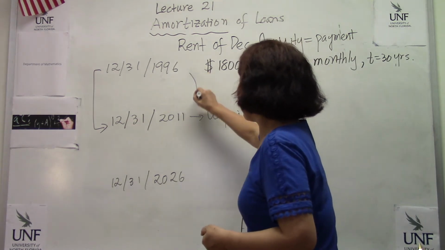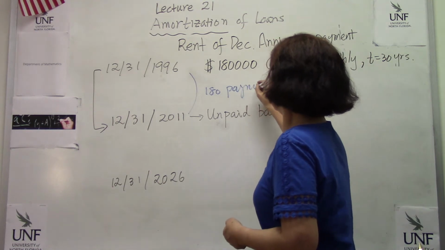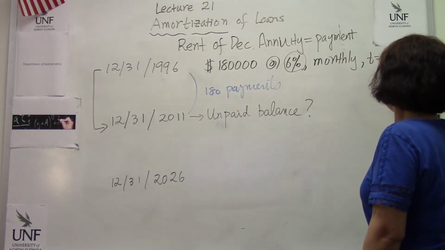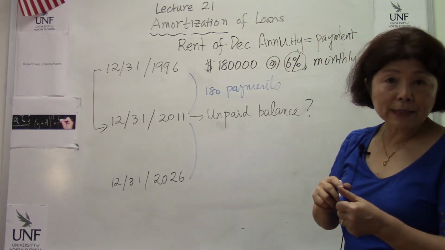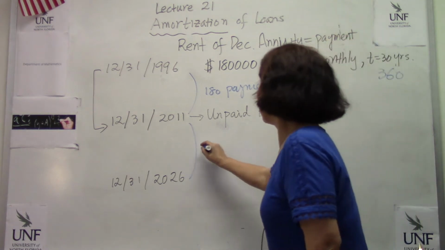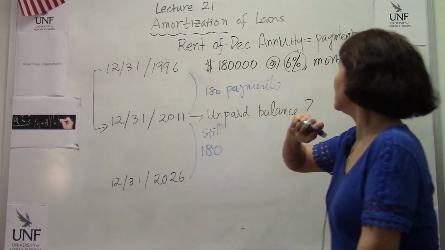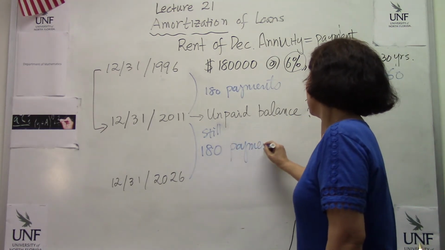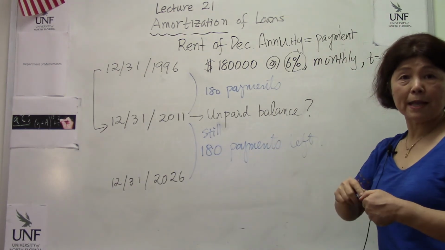So far we made what? 180 payments. So how many payments are left? Altogether 360 payments. So another 15 years, correct? Another 15 years, therefore still 180 payments left. You know what I mean?